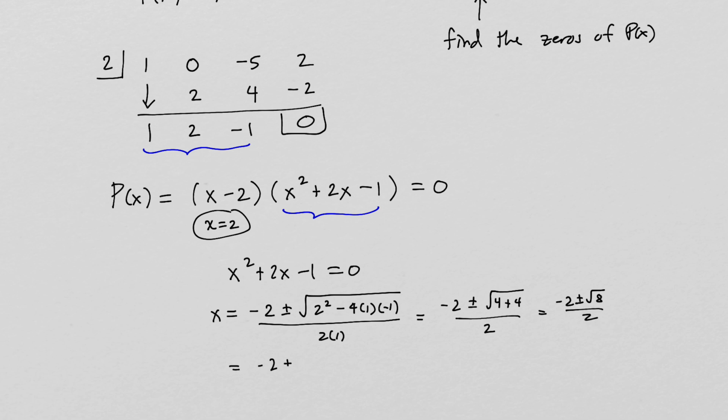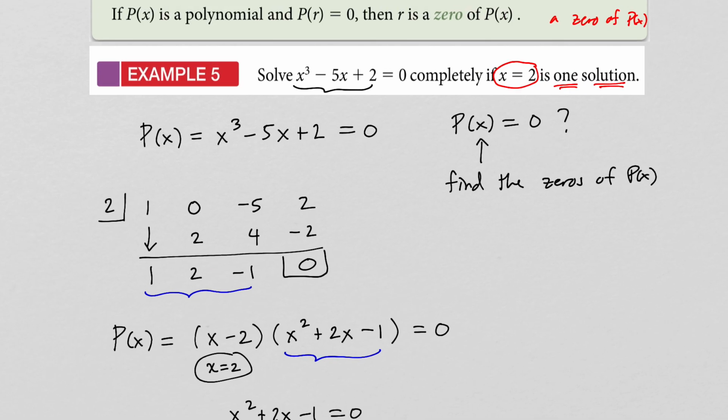Square root of 8 we can simplify into 2 radical 2. And then dividing each one of these by 2 gives us negative 1 plus or minus radical 2. So there's two solutions here. There's negative 1 plus radical 2, and there's negative 1 minus radical 2. And these are the other two solutions to the original equation.